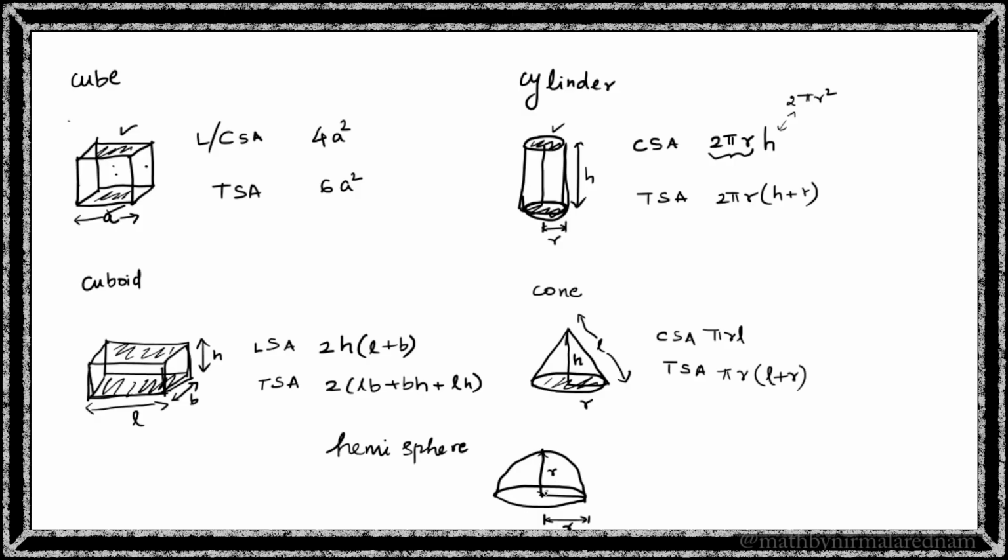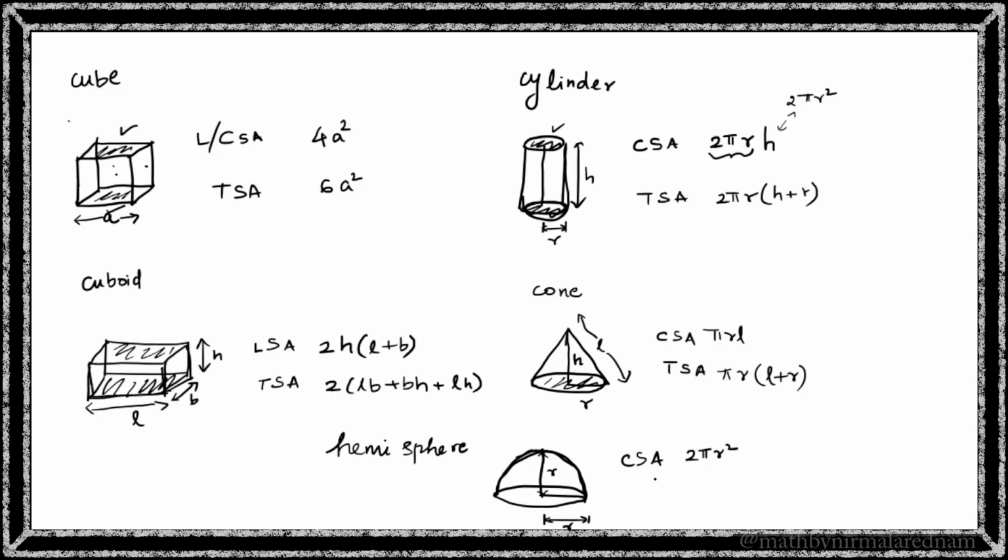From the center of this sphere or hemisphere, every point is going to be at a distance of r, and therefore height also is going to be r, right? So now here the curved surface area is nothing but half of the surface area of a sphere, which is half of 4 pi r square, which is 2 pi r square.